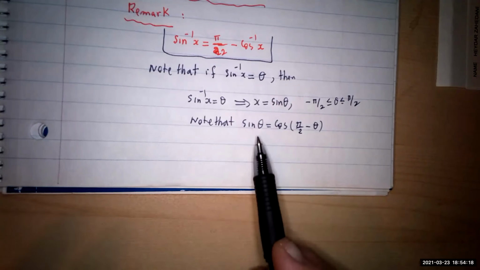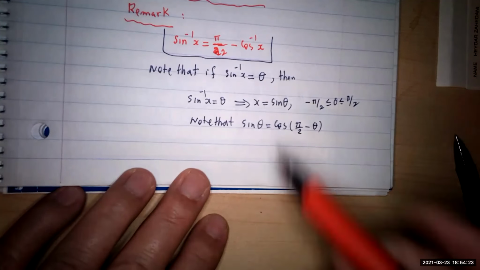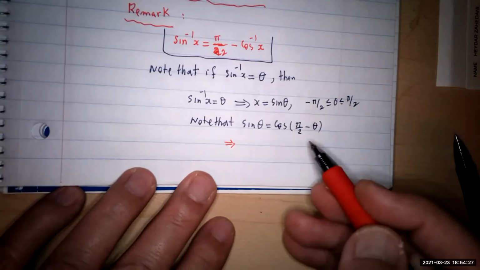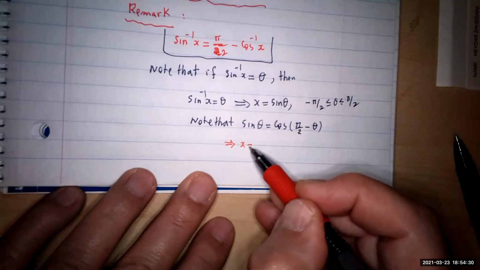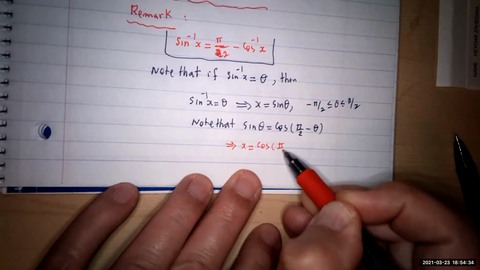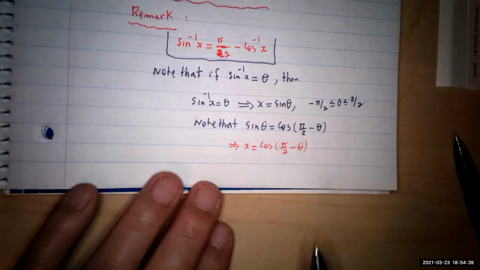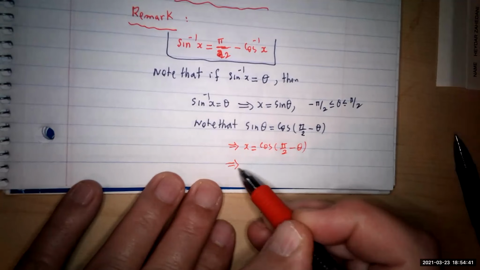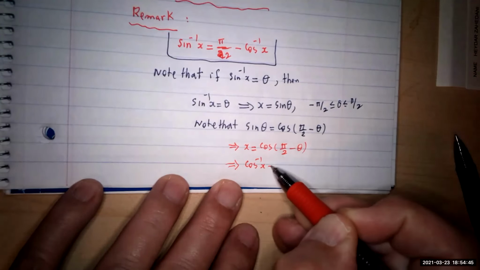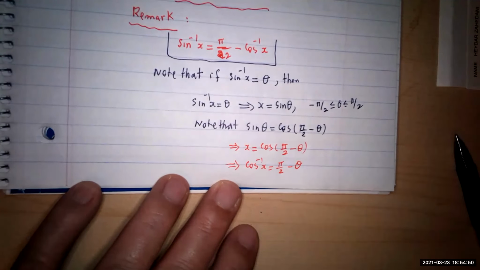And so in this case, this is the sine, then you can change it. So this simply means that x is going to be equal to the cosine of pi half minus theta. And if you just use the inverse definition, this means cosine inverse of x is equal to pi half minus theta.